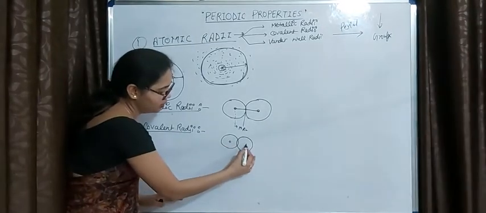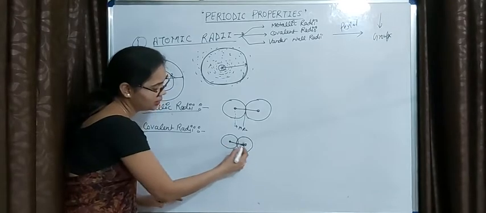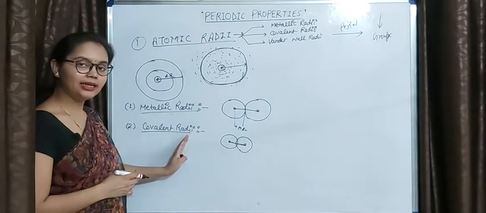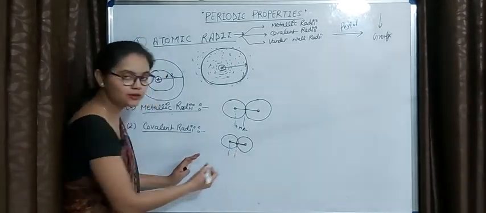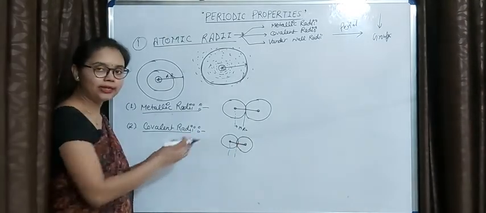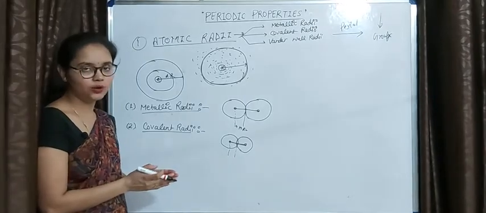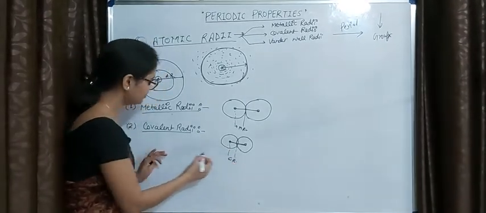Then we show the nucleus, and this is the internuclear distance between these two nuclei. So covalent radii is half of the internuclear distance of two atoms which are covalently bonded with each other.